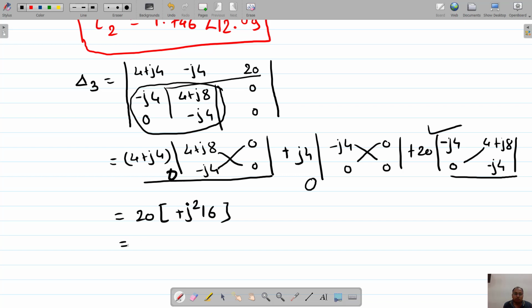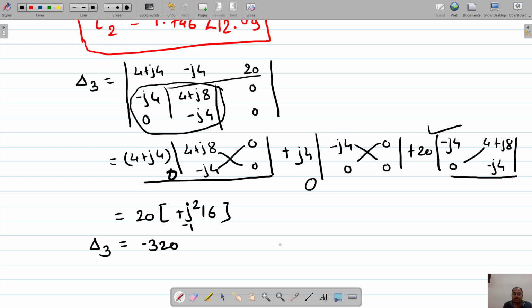Now what is the value of j square? j square is minus 1. So minus 16 into 20, how much will it be? It is going to become minus 320. That's it. So this is the value of delta 3.